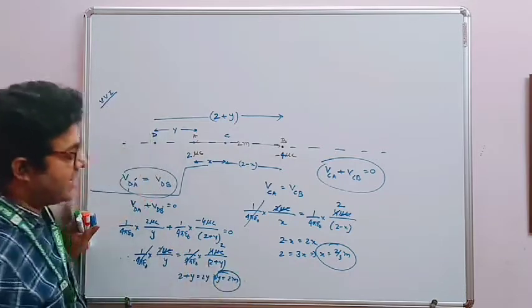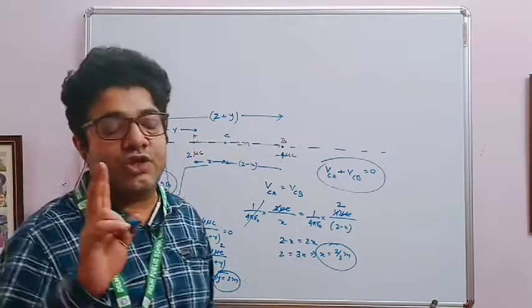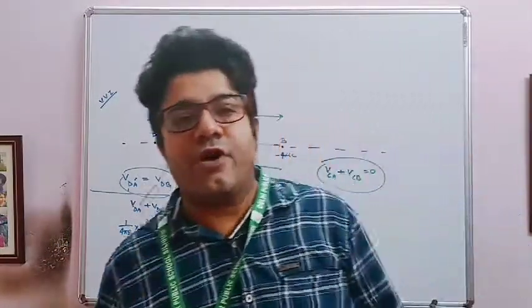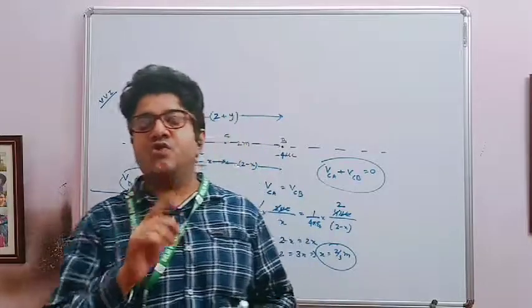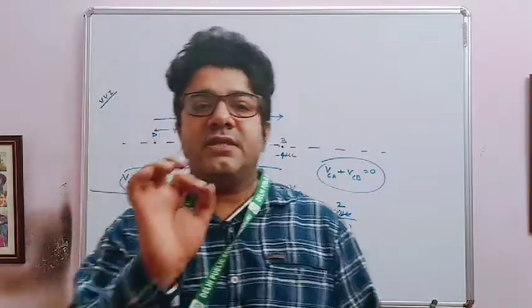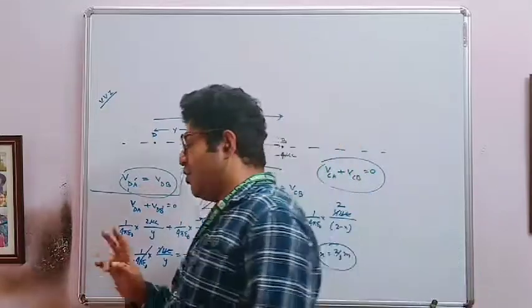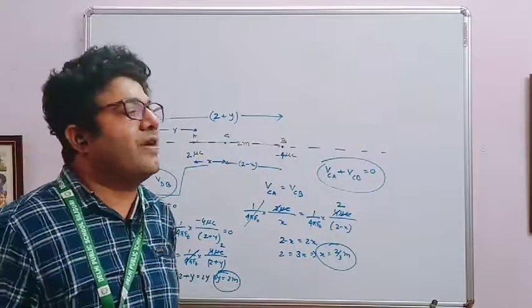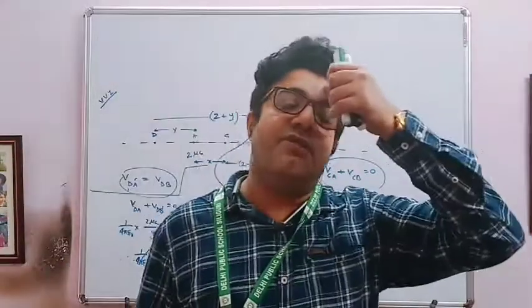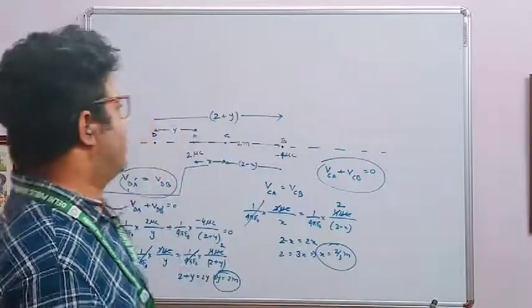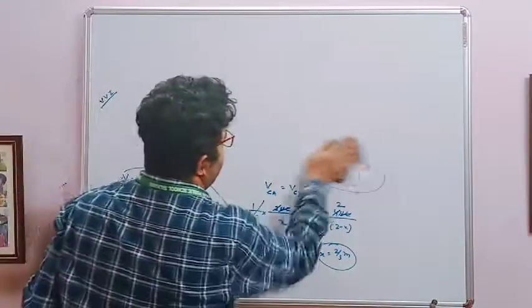So remember, that's very, very important. You get two positions, one in between and one either on the left or on the right side. Choose the position towards where the strength is minimum if they are of opposite nature. And if they are of similar nature, then they never ask you to find the position where the net potential is 0. They can ask you to find the strength of the electric potential.